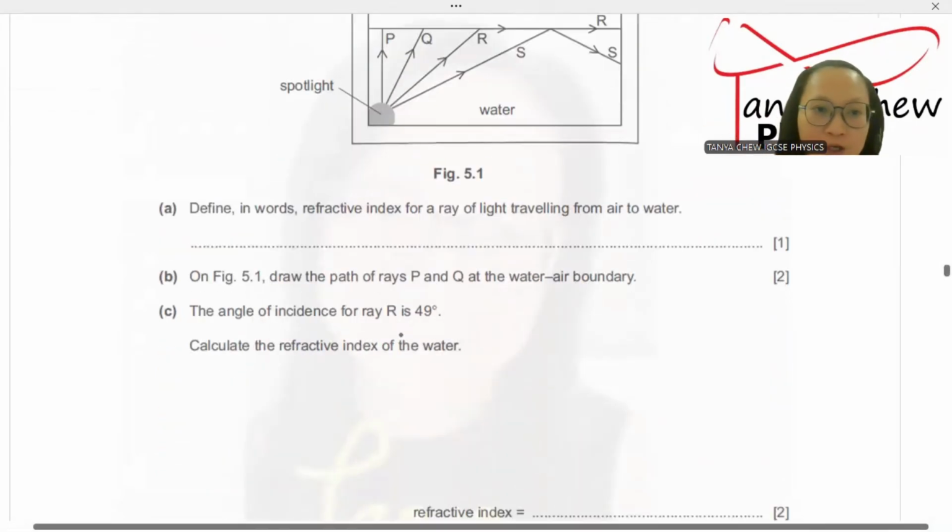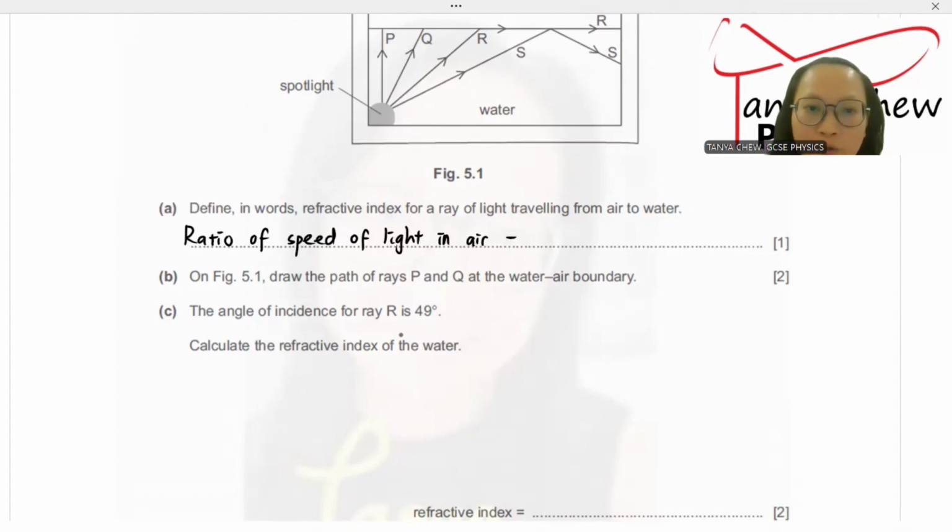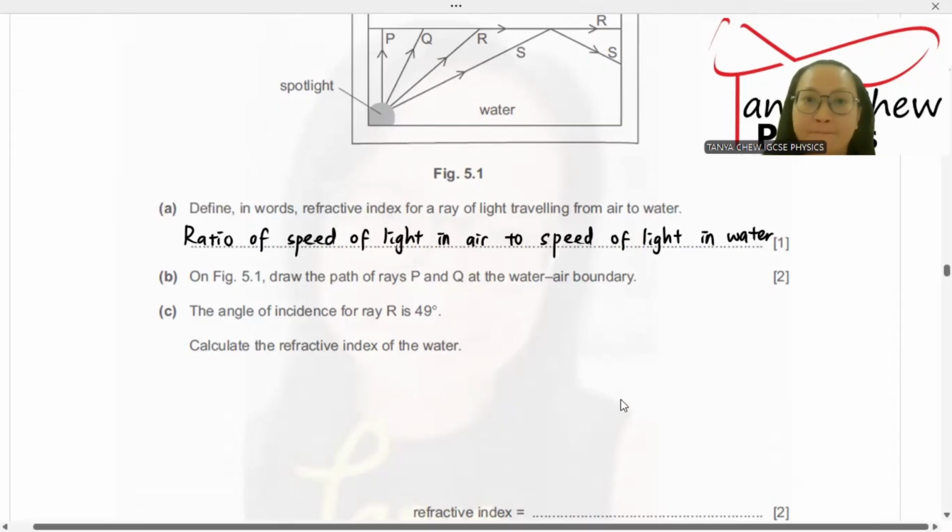So traveling from air to water, refractive index is defined as the ratio of speed of light in air to the speed of light in water. Done.